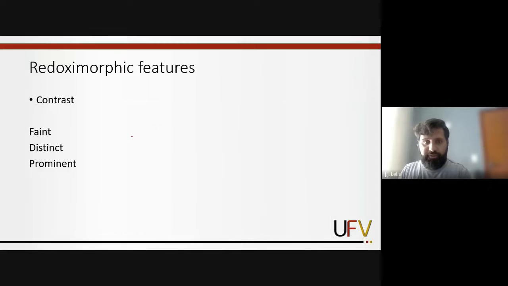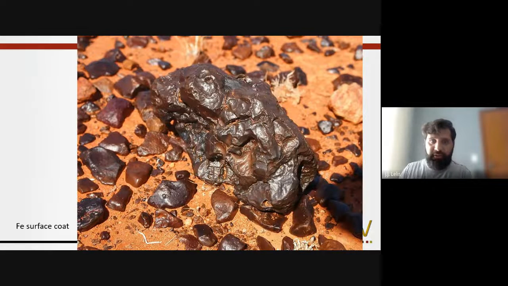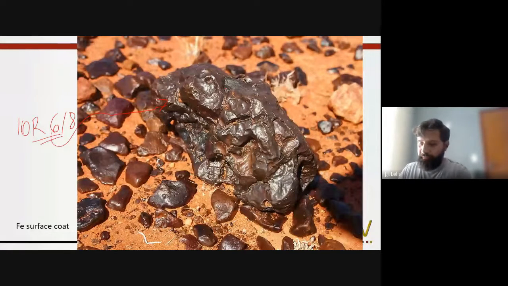I can just take this material and compare its color with a page of the Munsell color chart and say, okay, this is a color 10R 6/8. This is the color of this iron coating. It's not a problem.